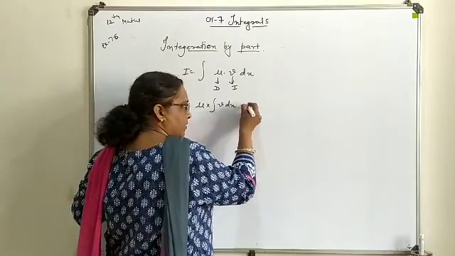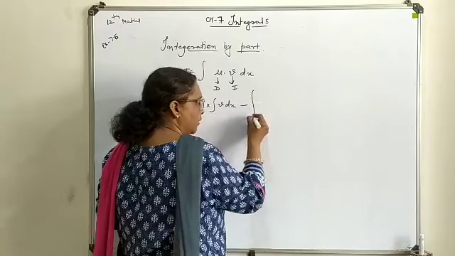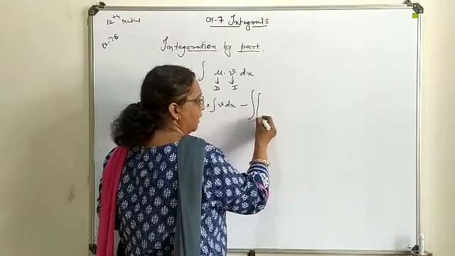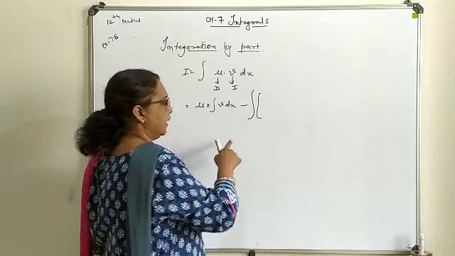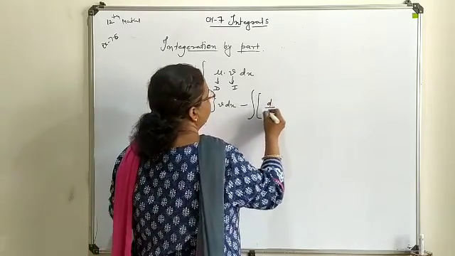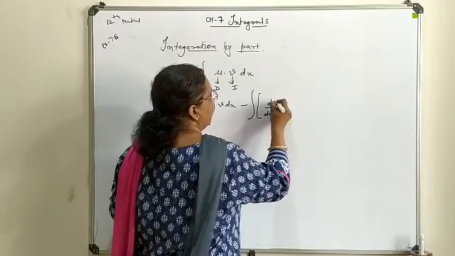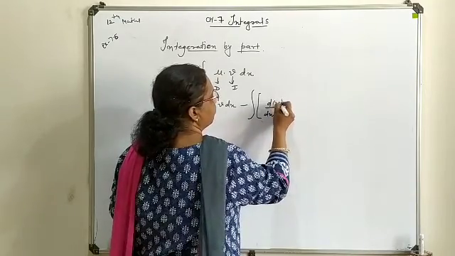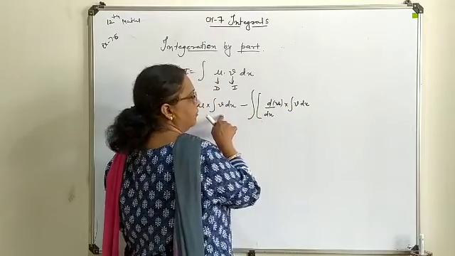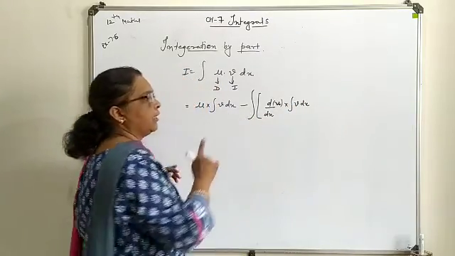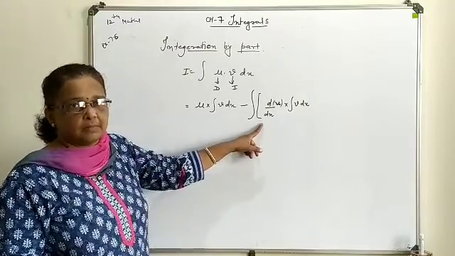To write the second step, minus is compulsory. Then you will make a big integrating sign, form a bracket, then write the differentiation of the derived term, that was u, into the integration which you already have written at the first step. So here integration and differentiation both take place at the same time.